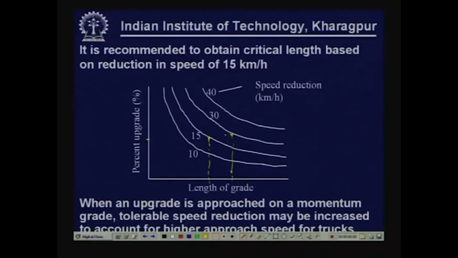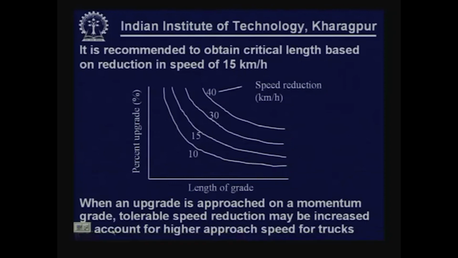Now, when an upgrade is approached on a momentum grade, that means there is a downgrade and then an upgrade, obviously even the heavy vehicles can have a better speed profile. In this case, the tolerable speed limit may be increased to account for the higher approach speed for trucks. Earlier we were using 15 kilometer per hour as the basis.